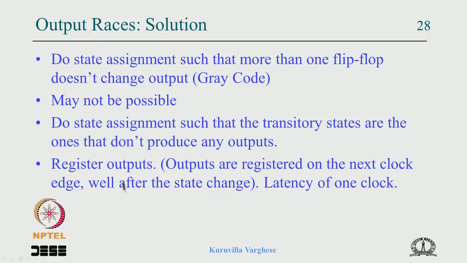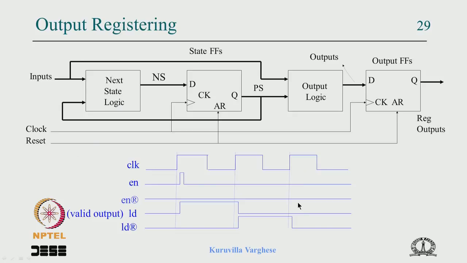You register the output, and outputs are registered on the next clock edge, well after the state change, but the output will appear after one clock period. So that is what I have shown here. You have the output logic, and suppose there are 3 outputs, you put 3 flip flops for the 3 outputs, give the same clock and the reset, and this is the registered output.